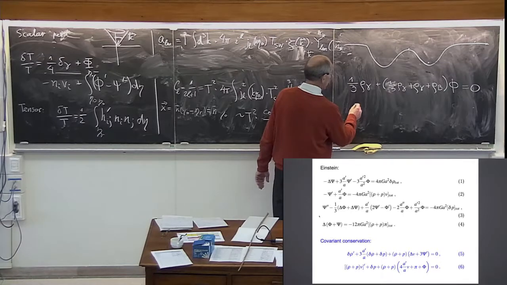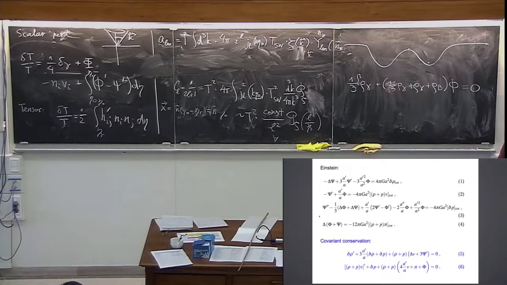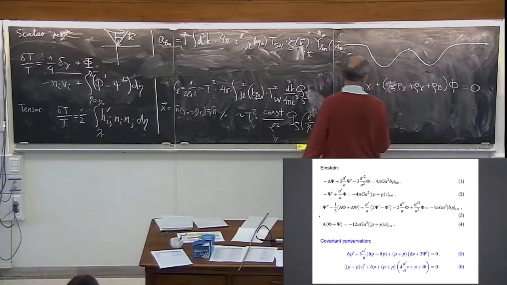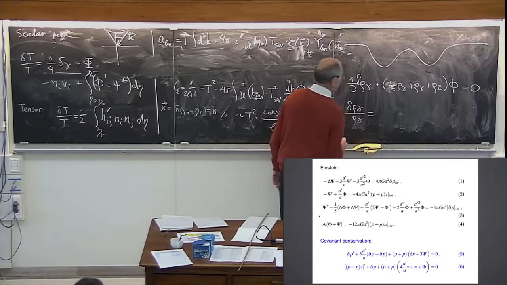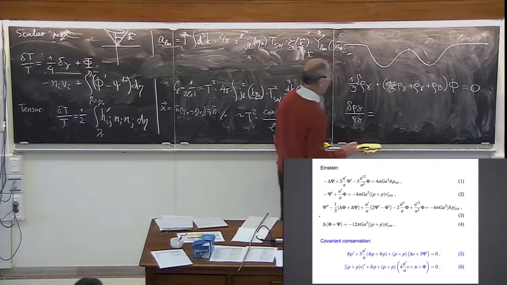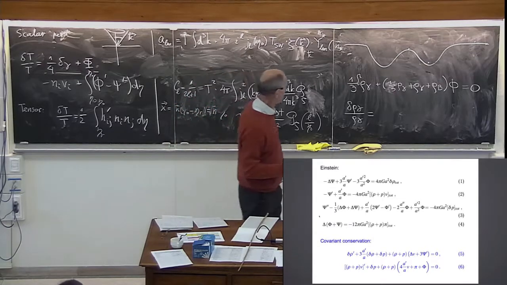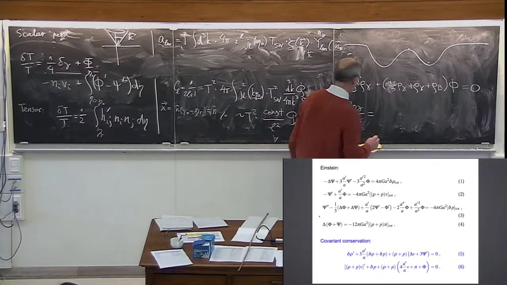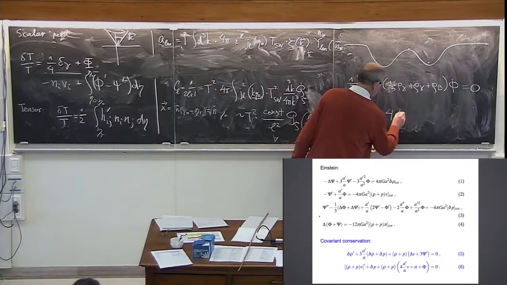my delta P is 1/3 of delta rho gamma. My delta rho gamma divided by rho gamma equals, as promised, yeah, this is 4/3, right, minus 4 phi, as promised.